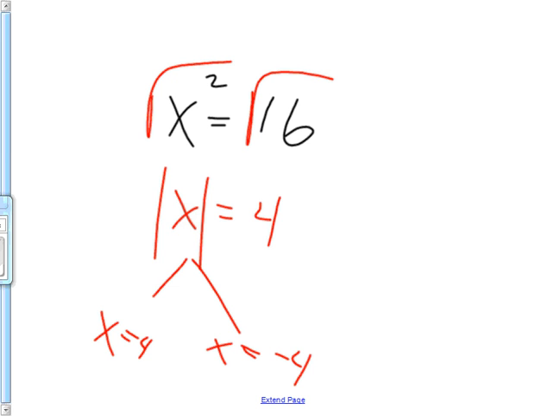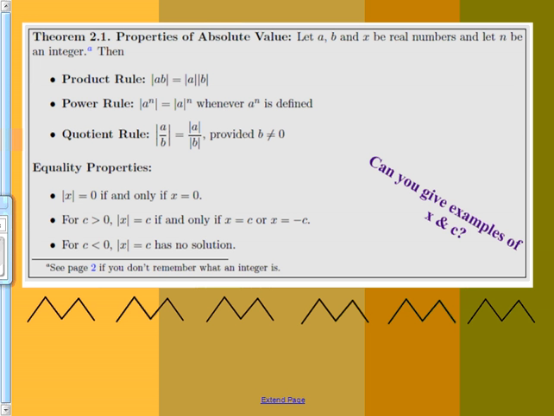Okay, now I want to go back to a definition. This is intense. I want you to find in here, where's your proof? Let's say that you thought the answer was no solution, and your teacher was saying, no, you can get an answer. The answers are 1 and 3. Well, of course, you could have proven it by sticking the numbers in. But you can also prove it by using math properties.